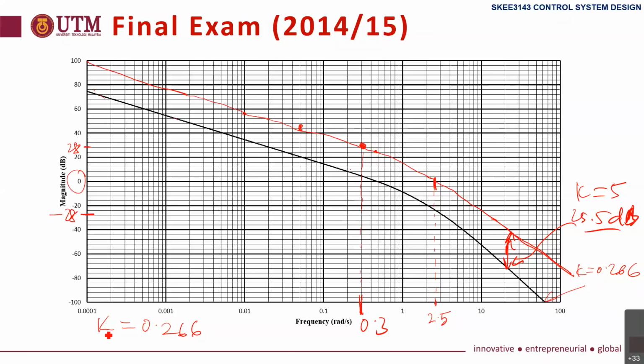So we need a compensator with the gain here of minus 28. So that 28 plus minus 28, this point becomes 0. And if at 0.3 radian per second we get magnitude 0, then we can make sure we obtain the phase margin that we require.